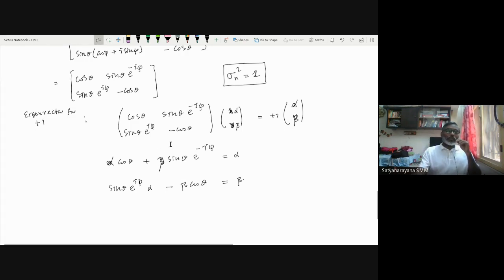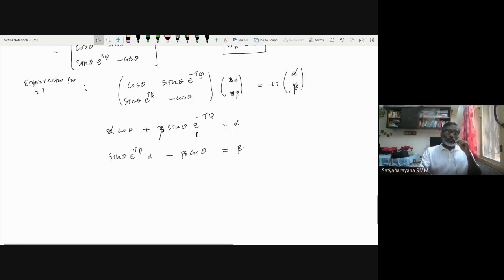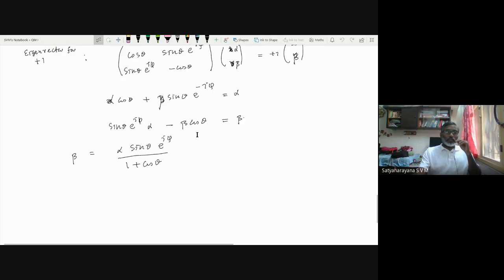Now I can solve this: beta is equal to alpha sin theta e to the power i phi divided by 1 plus cos theta. I substitute it in the equation above.